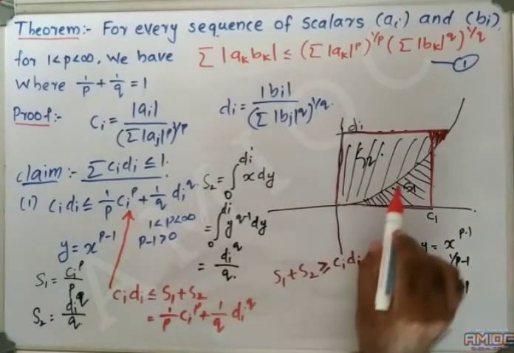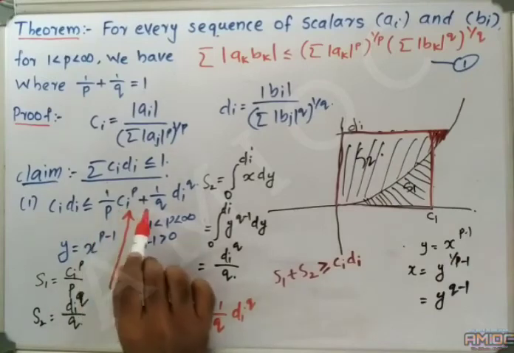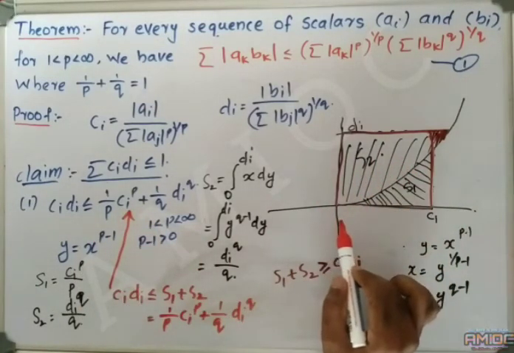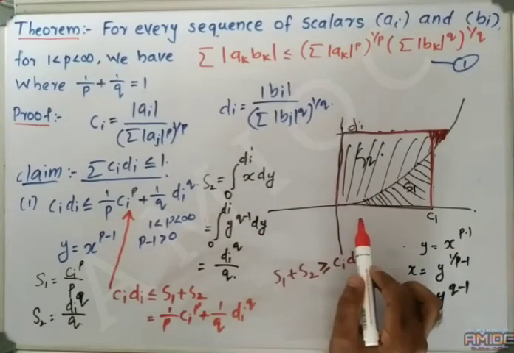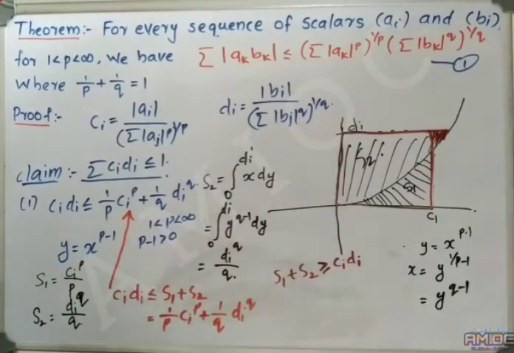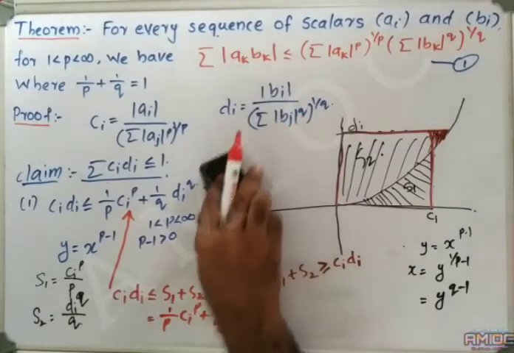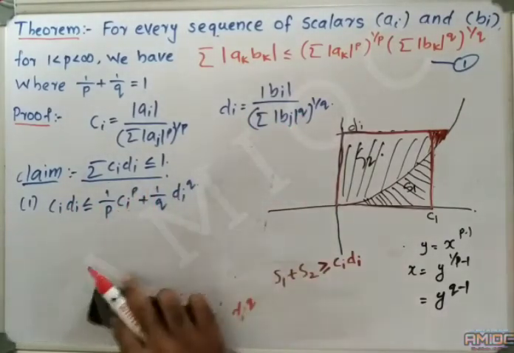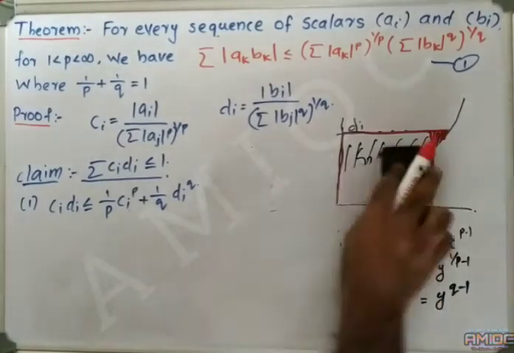Now we show that this inequality holds, and we are showing this graphically with the integration properties. So we show that this inequality holds for our quantities ci and di.